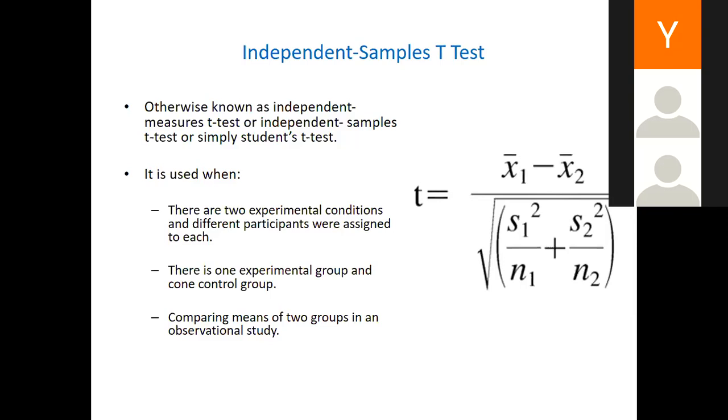Now, what are the conditions that warrant this? Even the first one we did, the one sample t-test, is only applicable in a descriptive study because there is no experimental design that doesn't have comparison. There's no experimental design where you say you are comparing with the population.